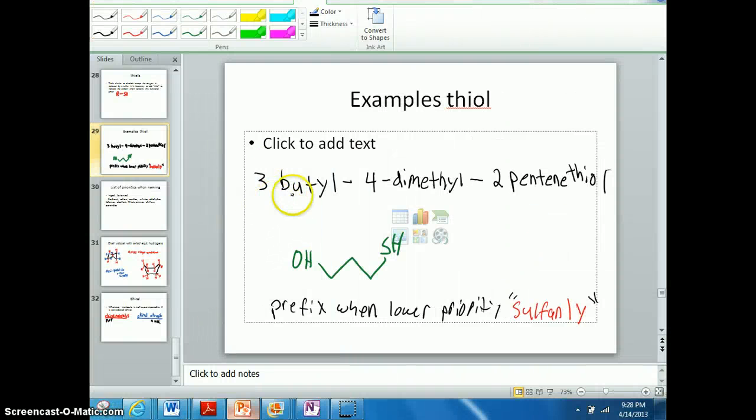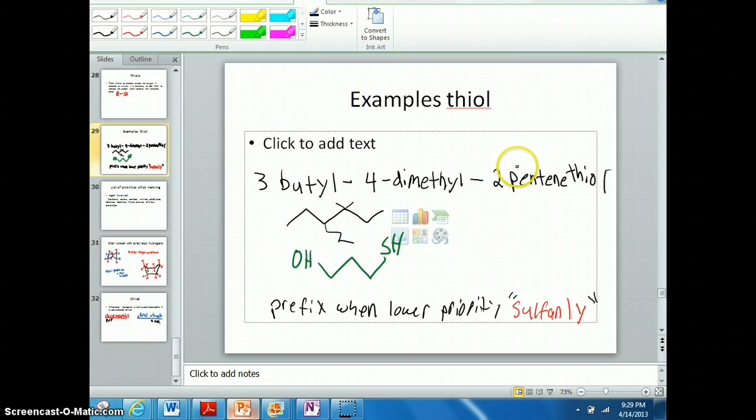Alright, so we're looking at this one. So we have a pentene, so that is 1, 2, 3, 4, 5. And at a 3 we have a butyl group, so 1, 2, 3, 4. At 4 we have a dimethyl, 1, 2, 3, 4.